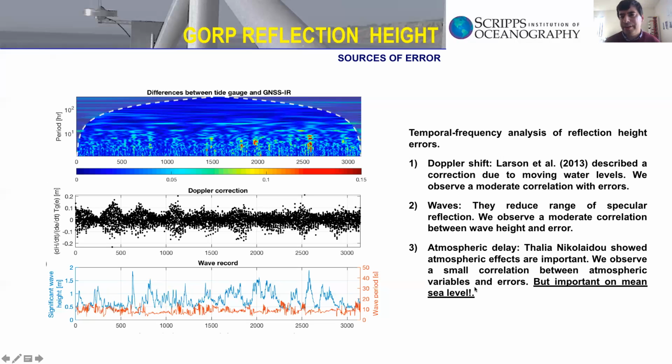Also, as a third candidate for sources of error, we received some help from people doing important research in the area of trying to analyze the effect of the atmosphere perturbing and producing errors in our estimation of reflection height.